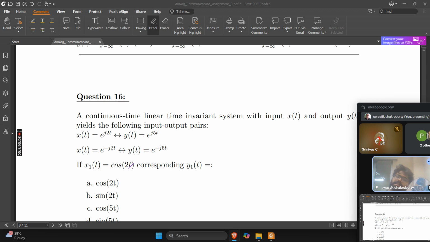Take 3 minutes and think how you will solve. One hint is you don't need integration or convolution.